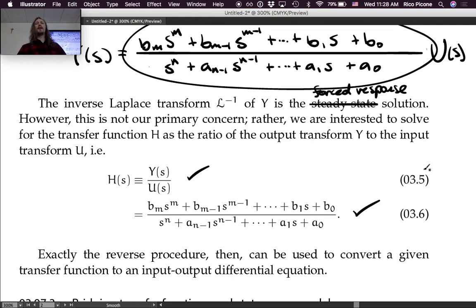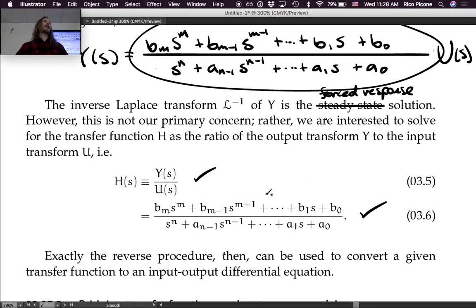Notice that you don't have to go through this every time, because you can look at the initial input-output differential equation and say, oh, on the right-hand side, I just put in all the coefficients and take s raised to the power of the time derivative, and then the left-hand side, I just essentially transcribe the denominator with all of its coefficients and its powers associated with the time derivative order.